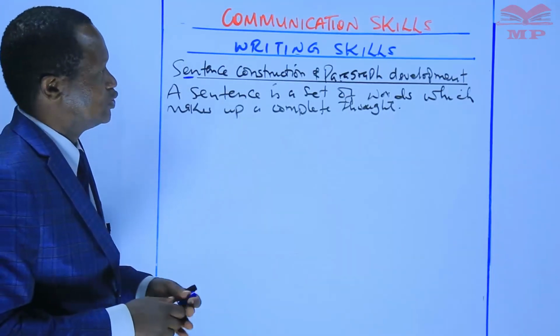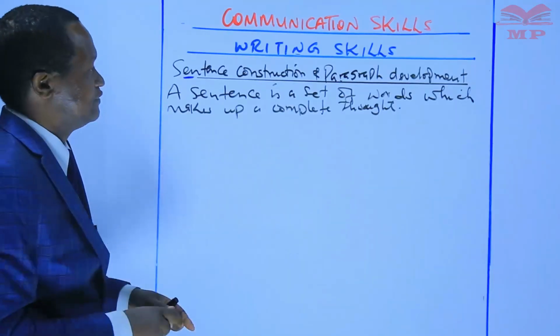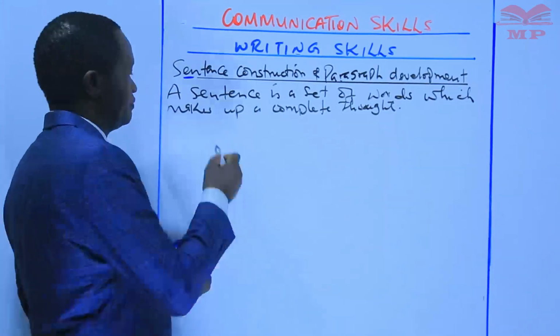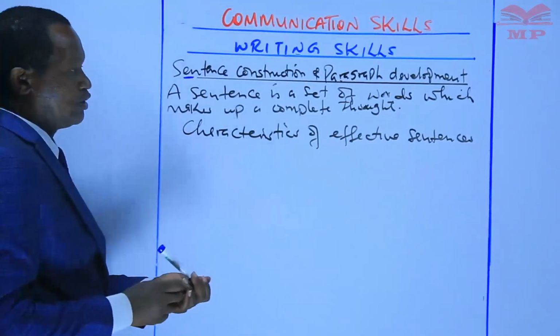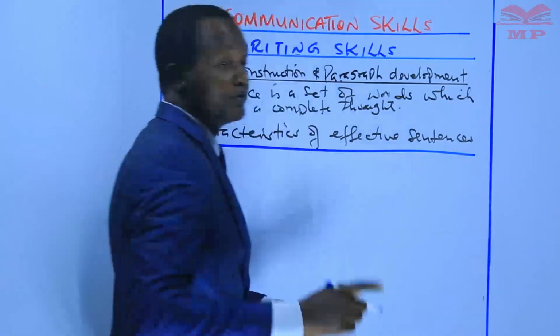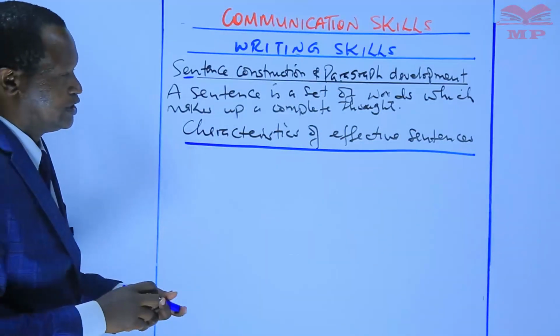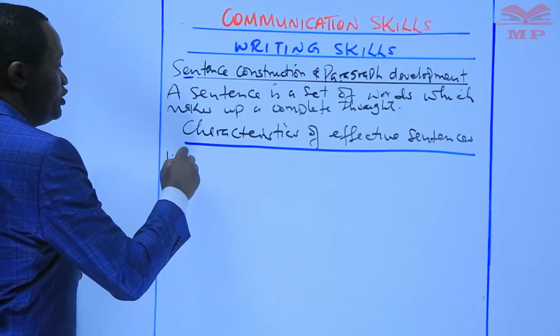We will move now to discuss the characteristics of effective sentences. Now, the first feature or characteristic of an effective sentence is unity.